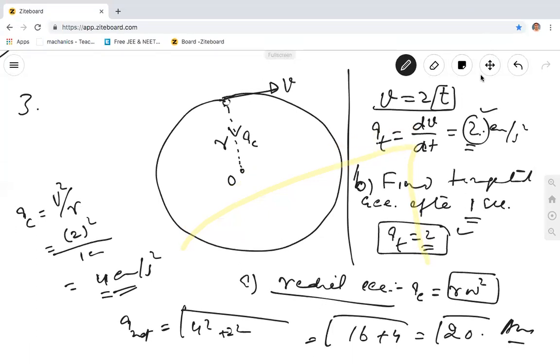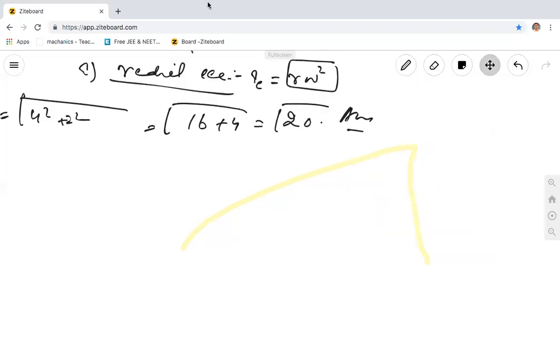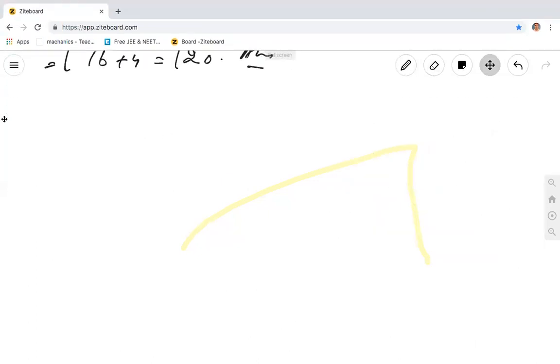Okay. Now let me go to the fourth question. A scooter weighing 150 kg together with its rider moving at 36 km per hour takes a turn of radius 30 meters. What horizontal force on the scooter is needed to make the turn possible?